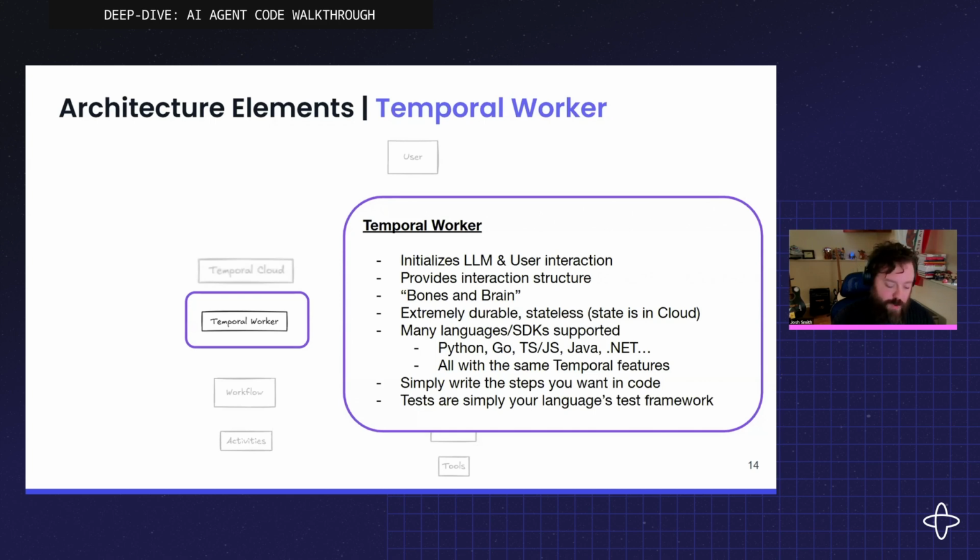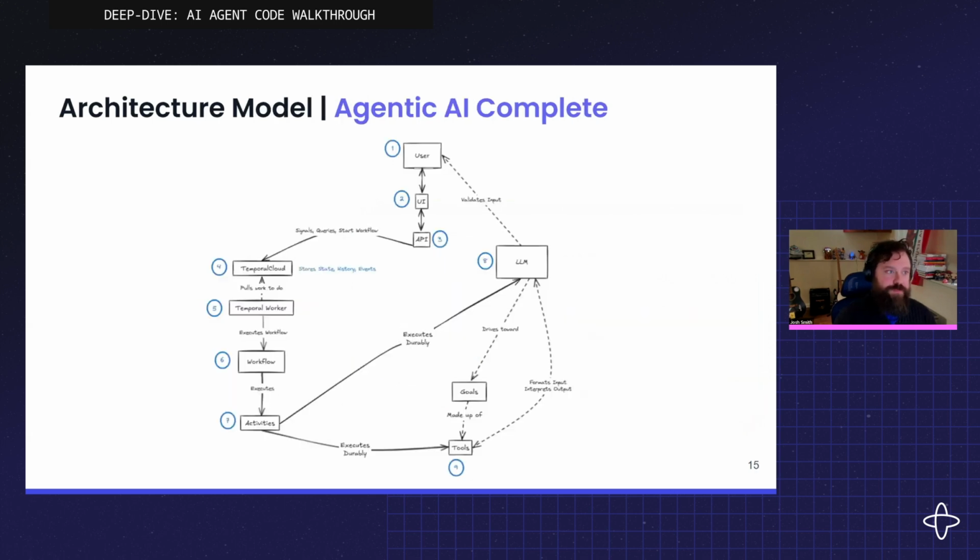And another thing that's interesting, we built this in Python, but there is nothing about this system that needs to be Python specific. Temporal supports a lot of languages and SDKs. And it's really cool that I have some customers who are thinking about building this exact system in other languages like Go, which I think is really quite cool. It's also testable because it's just code.